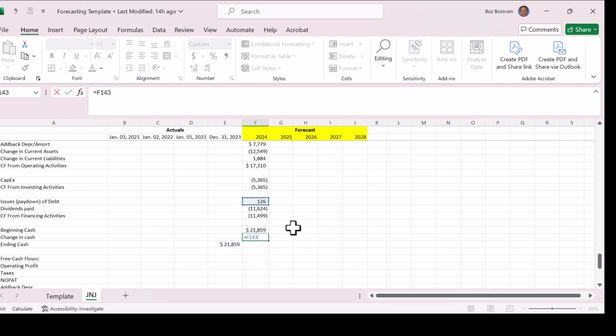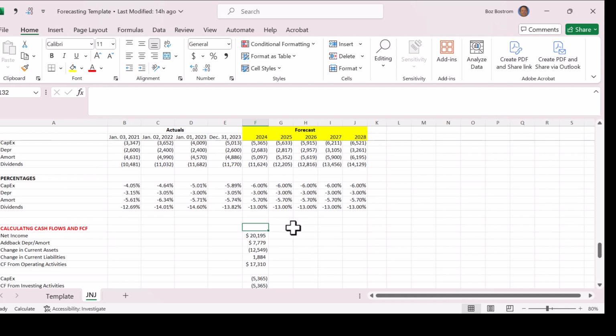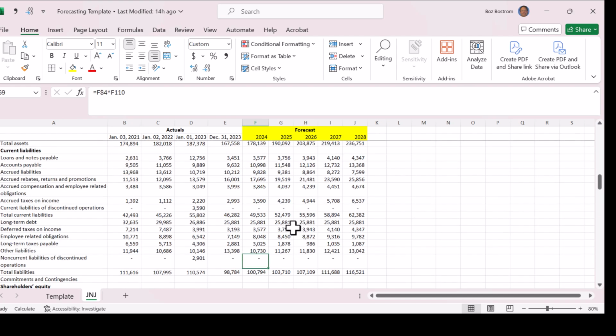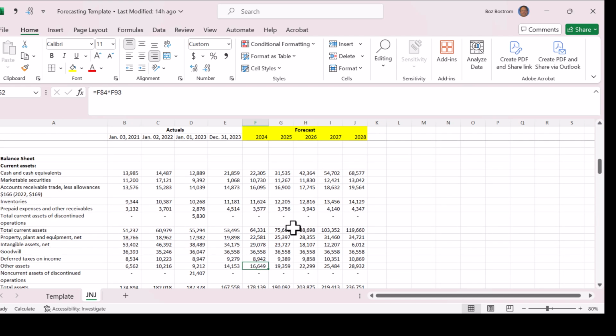My change in cash equals operating plus investing plus financing, and then go sum up my cash. So my cash is now at 22,305. Okay, that equals this amount right here. I'm happy.